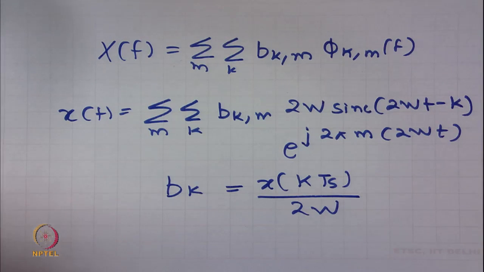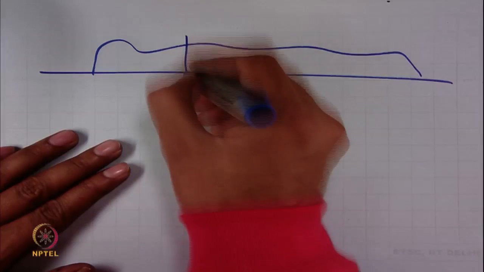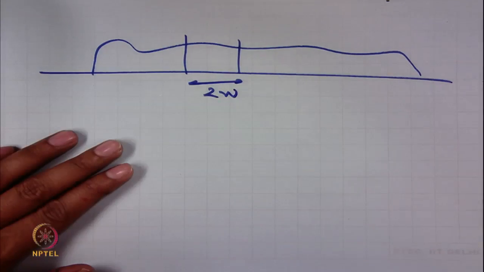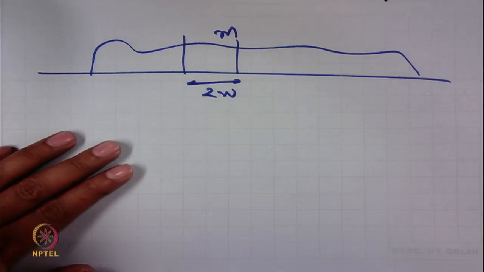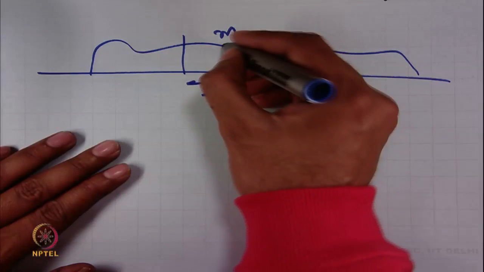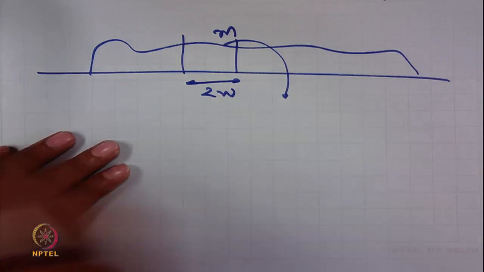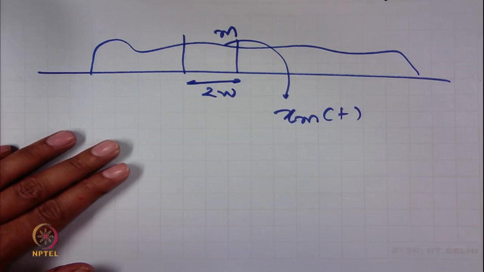So, let us go back to that picture again. What we are doing here is, we have a signal, a spectrum. We are taking a segment of this spectrum. The segment exists for a duration of 2w. This is the mth segment. If I take the inverse Fourier transform of this mth segment, I would get a time domain signal which we call xmt.